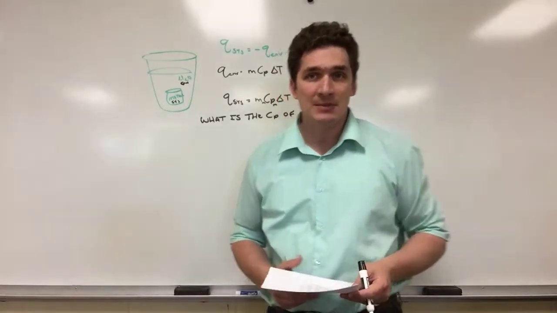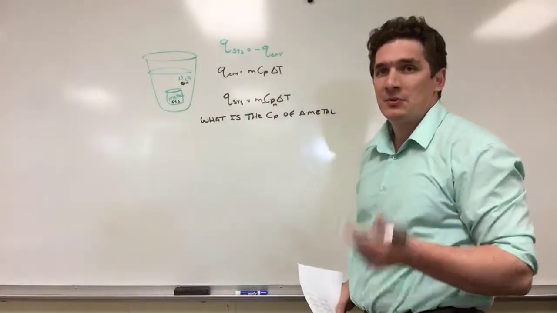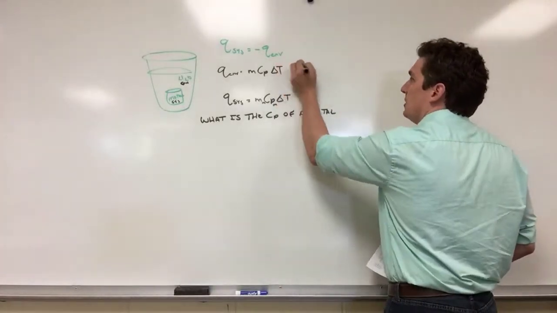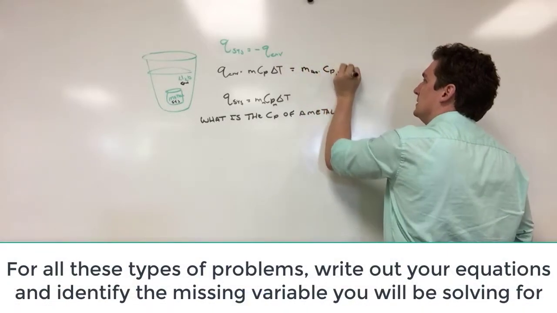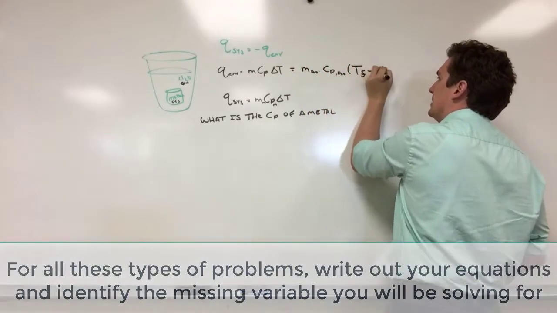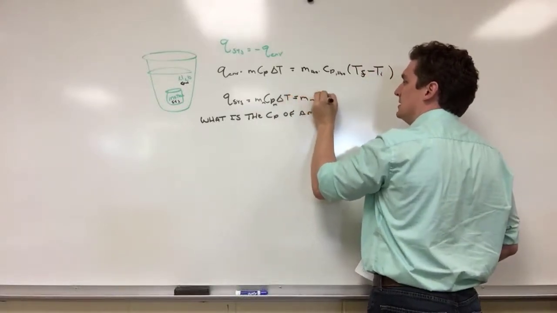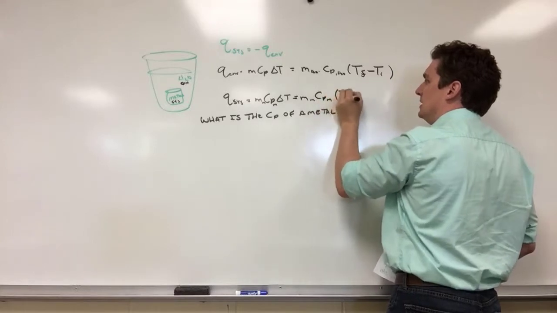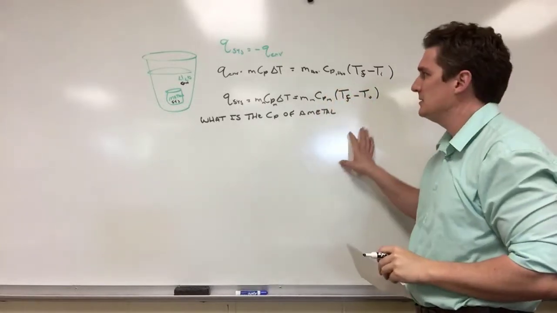So how do we solve these types of problems? Well, we just need to identify all the terms we have and all the ones we're missing. For the water, we have the mass of water, Cp of water, and final temperature minus the initial temperature. For the metal, the mass of the metal, the Cp of the metal, and the final temperature, and we're going to use a T0 here for the metal itself.